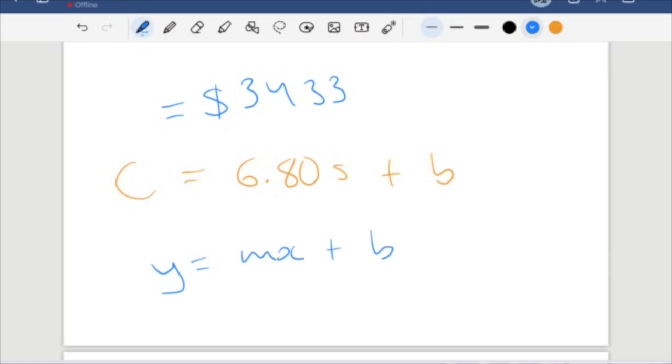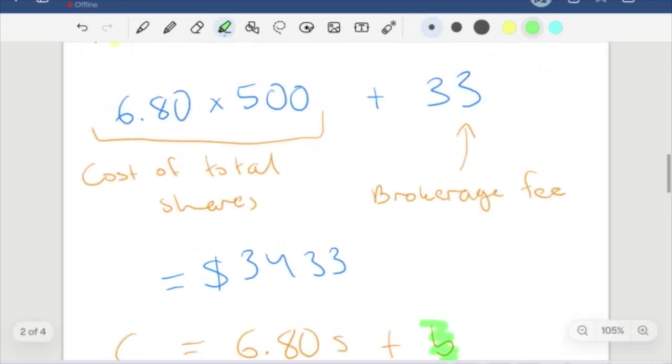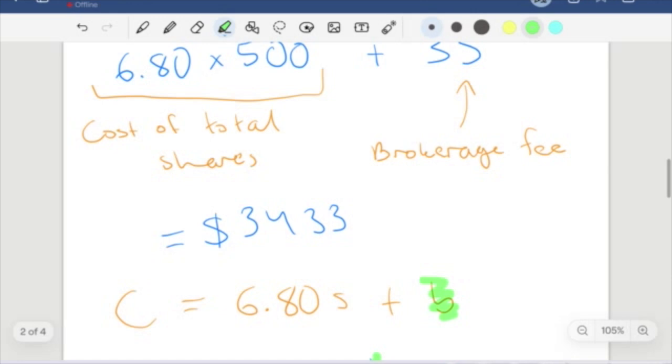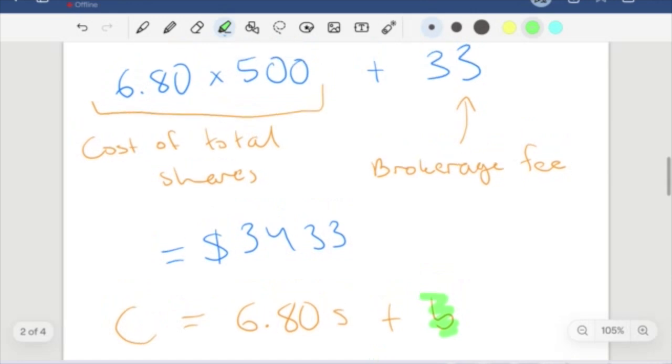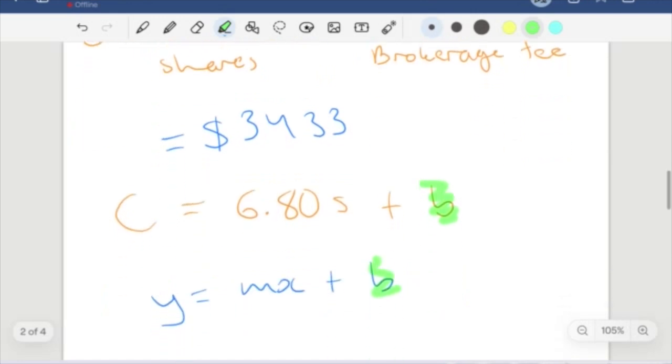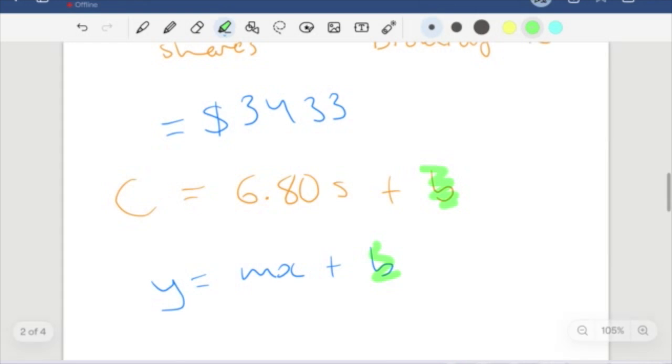We're looking at basically the same thing. The $6.80 here is like the gradient. That's the price for each share. That's how much money it's going to go up by for each share, plus an initial intercept, or an initial brokerage fee of B. So this kind of lines up even how I've written it. The cost is $6.80 times 500 plus 33. Just as a little side note, we can think about this as a linear relationship as well.